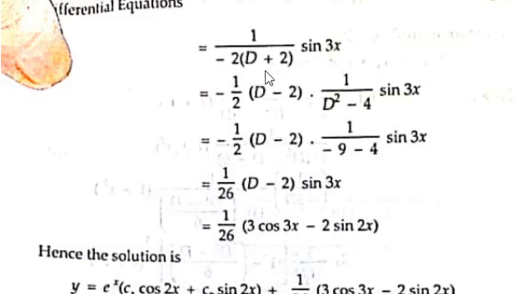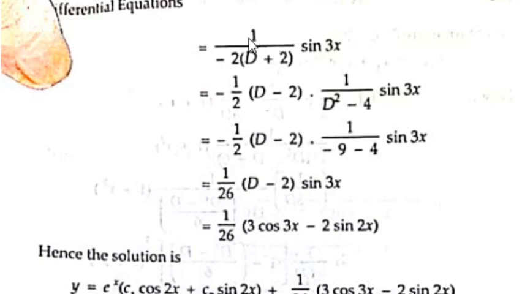Now in this case again we should operate this on sin 3x, but here we need D², and there is no D² term. So what we do is rationalize this, multiplying and dividing by (D − 2).